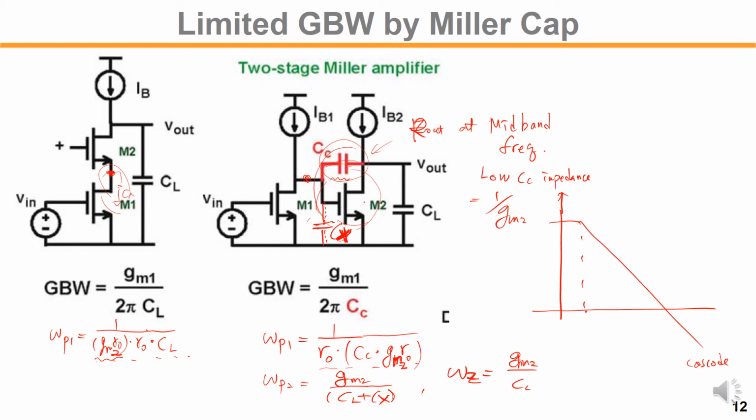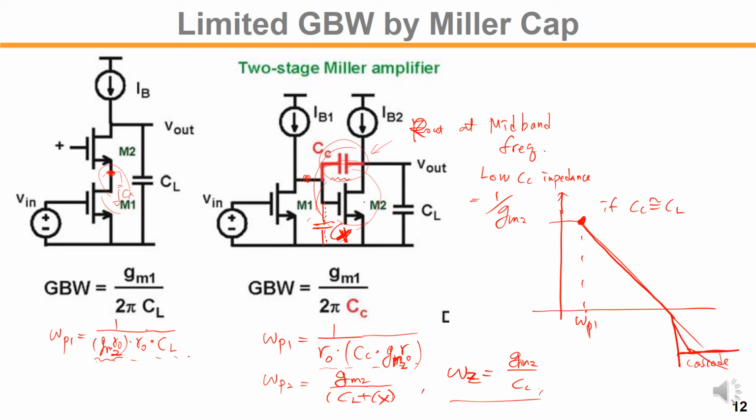Wait a second. So cascade, and so the location will be similar if CC and CL are similar, then we would have a similar dominant pole here. And then the second pole we would see like this, and then we have a zero location at a higher frequency here, like this, right?